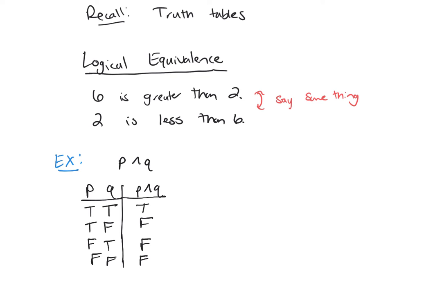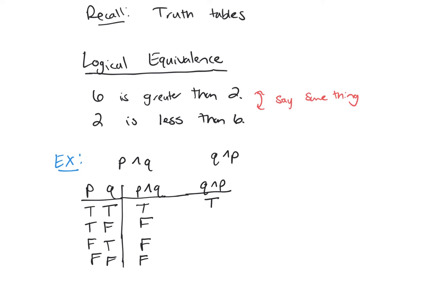Now, what if I compare this with Q and P? We know that this means essentially the same thing, just a different way of saying it. Even if I change the order, Q and P, they still both have to be true in order for the and to be true.